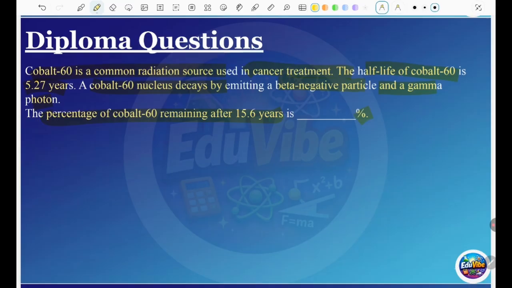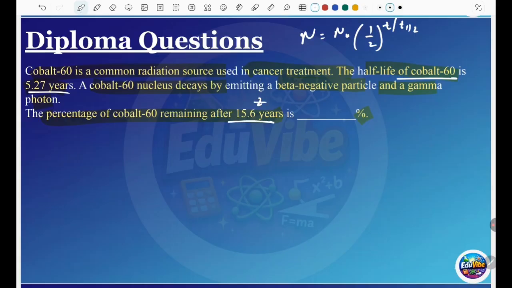When you talk about the percentage, you know the formula is N upon N0 equals half raised to power t upon t half. They've given you the half-life, t half, and they also gave you the t. Basically, what you have to find is the percentage remaining at that time.